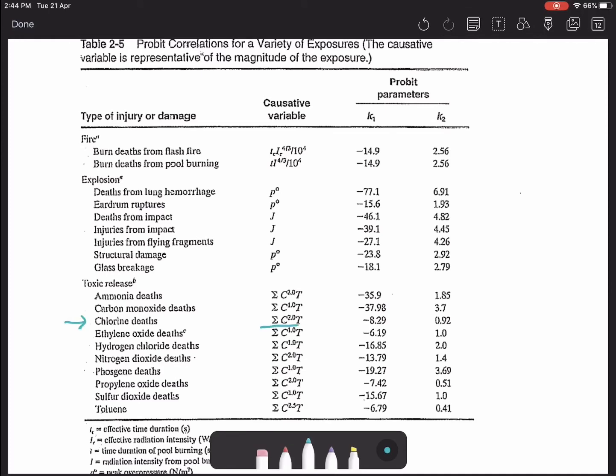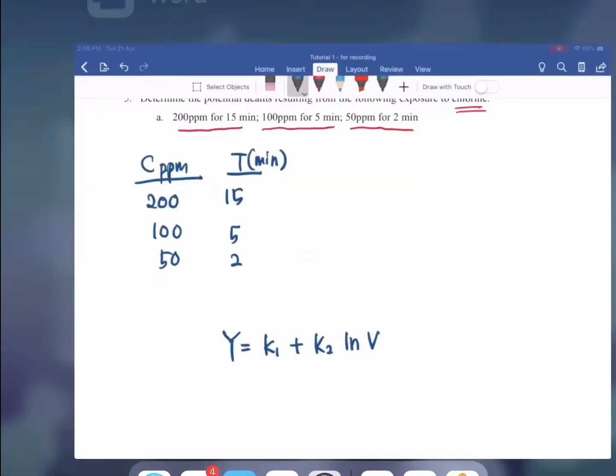So you have a V value of the summation of C to the power of 2 times T, and K1 is negative 8.29 and K2 is 0.92. Let's translate back to the equation we have here.